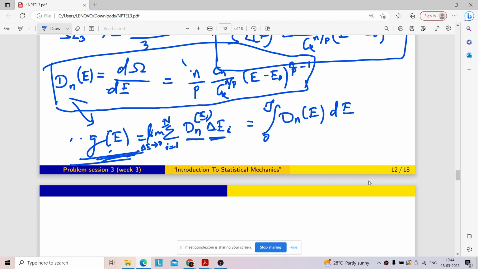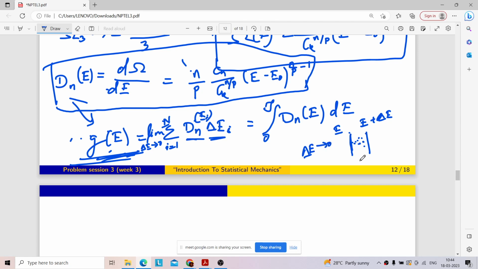That means I'm taking one range, E to E plus delta E, or dE, whatever you want to say. So I have calculated the density of state for this range. Now I'm taking this limit that delta E tends to 0.